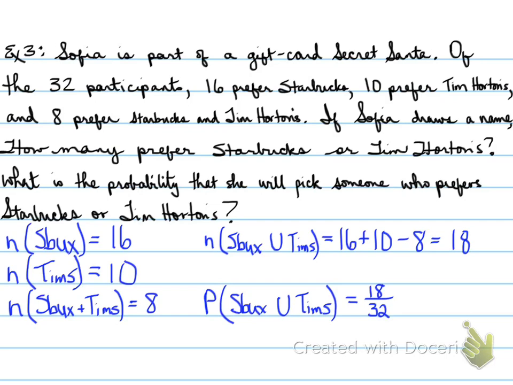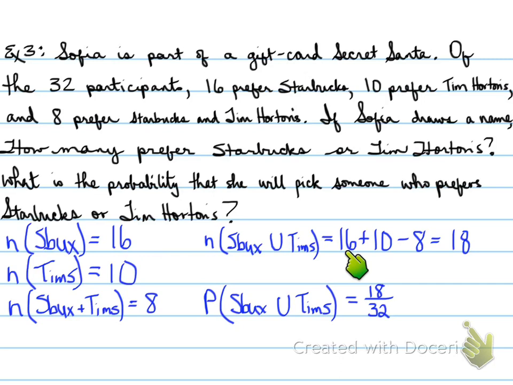Okay, now some of you are going, but why did we do this? Why did we take out the 8? I want you to understand how this question works. This is Starbucks, so there's 16 that prefer Starbucks. 10 prefer Tim's. 8 prefer Starbucks and Tim's. 8 of the Tim's people prefer Starbucks and Tim's, and 8 of the Starbucks people prefer Tim's. We can't have 8 counted twice.